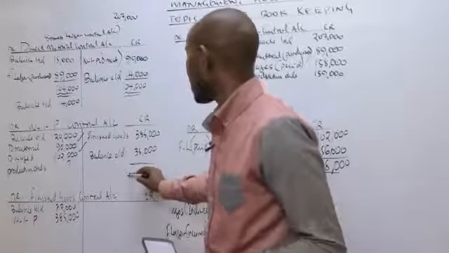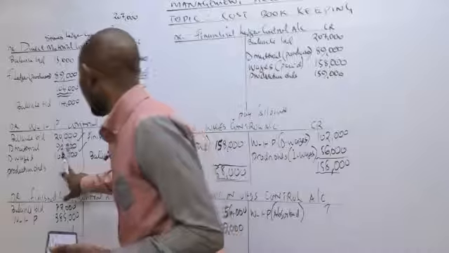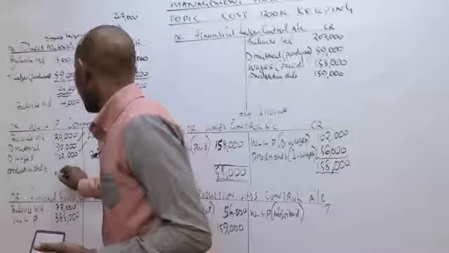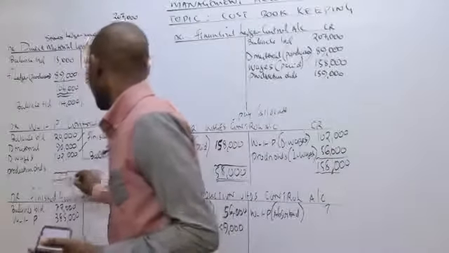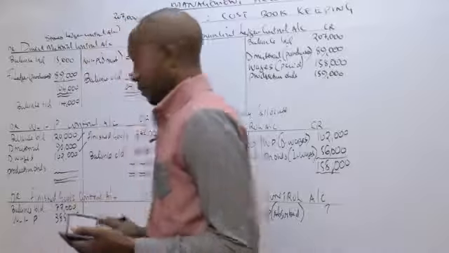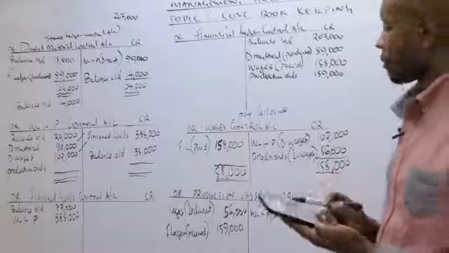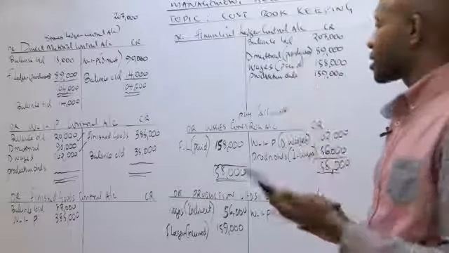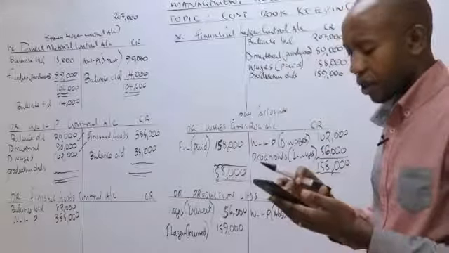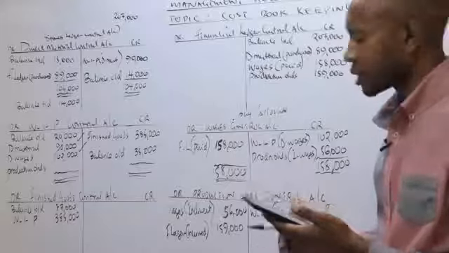So now it's just closing off the account. Everybody try to get the production overheads figure, not the closing balance.